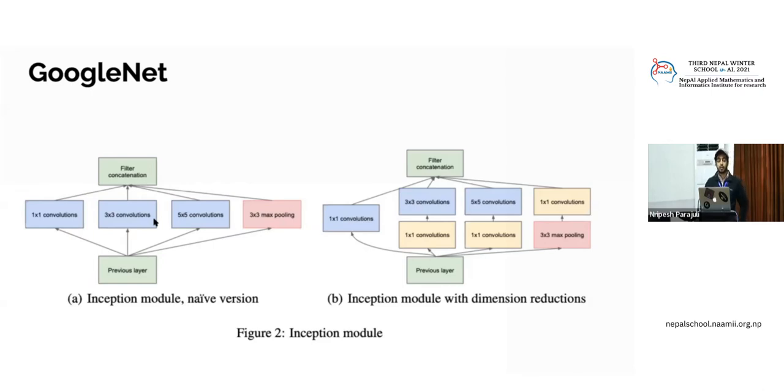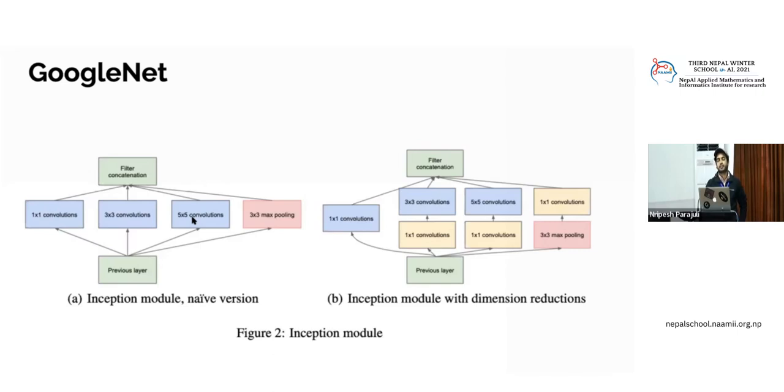So can anybody tell me why they think this is a good idea? Any guess? What would be different between a 3 by 3 and a 5 by 5 convolution?